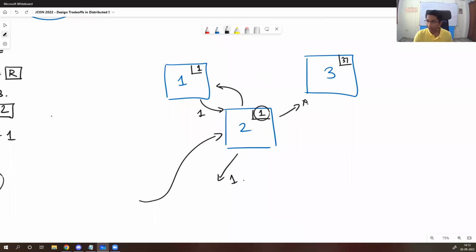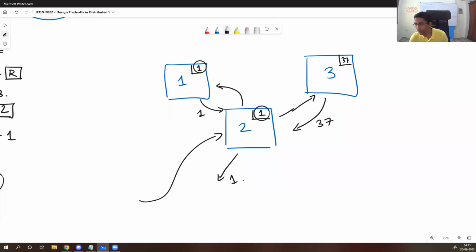On the other hand, if 3 returned a different value, if the request actually went through and 3 returned a value of 37, what happens here is 2 is going to see I have 2 values, 1 and 1. By majority, 1 should win.